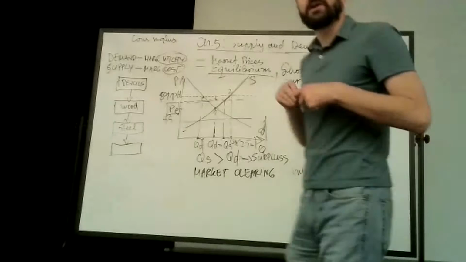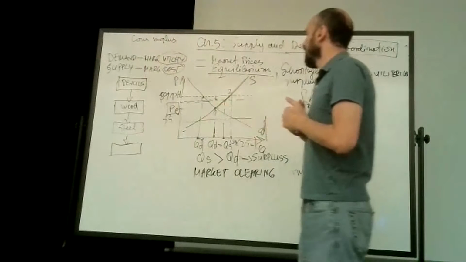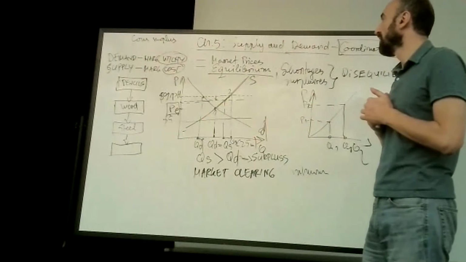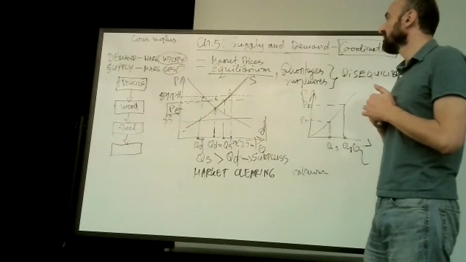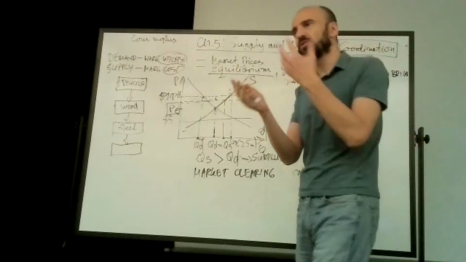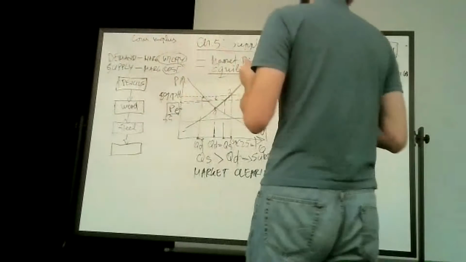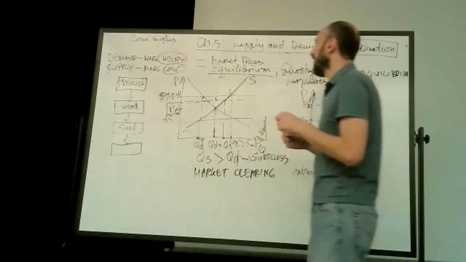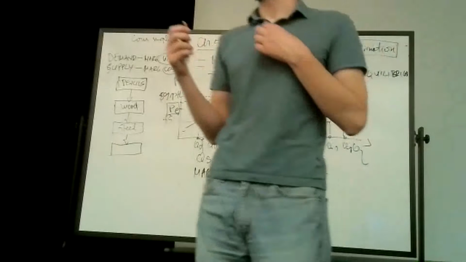So one thing that we can now derive from this is that there is a process of harmonious relationship between the buyers and sellers, in a certain sense. And that there is a mutual competition between buyers and between sellers.